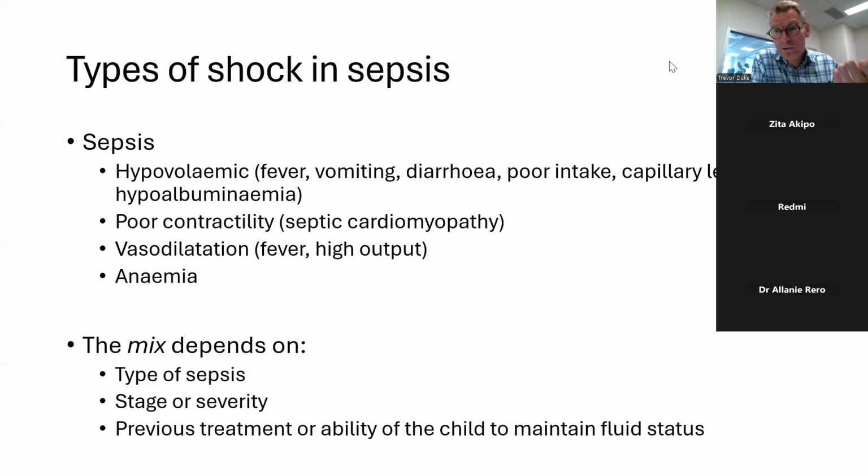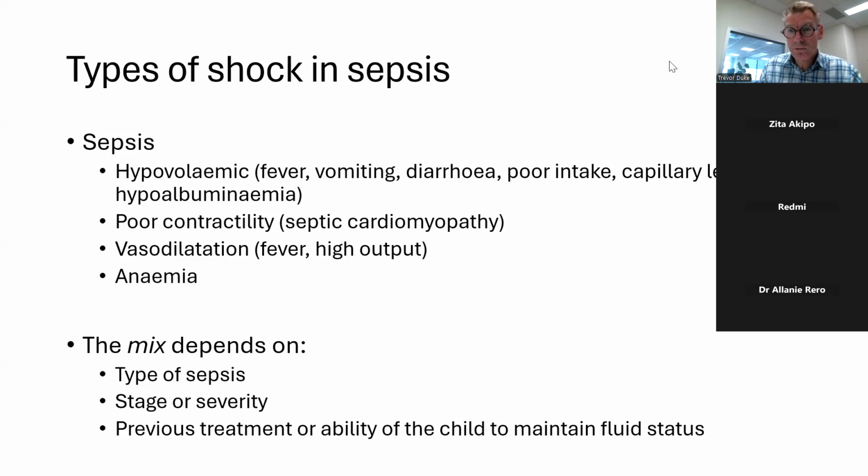Such as if the child's had fever and vomiting and diarrhea for several days, they might be hypovolemic, then they need fluid. They might have a very poor intake, they'll have hypovolemia, they'll have dehydration. And those children need volume, they don't need inotropes.